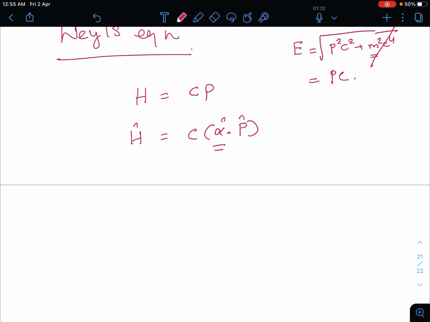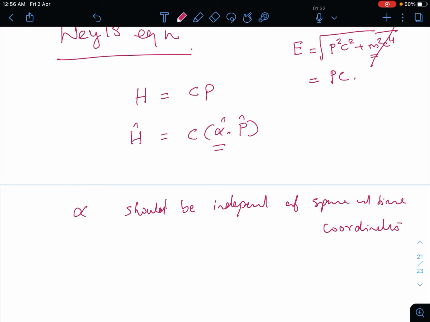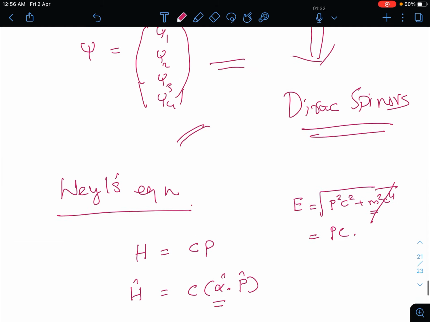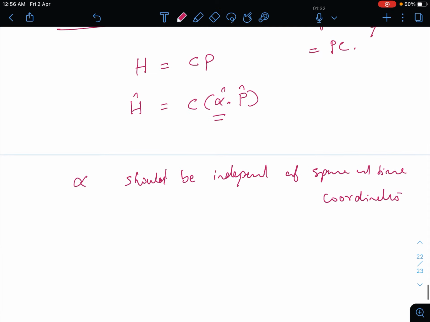The alpha, which is a vector operator which we have derived here, should be independent of the space and time coordinates. Obviously, it should be some matrices of this form anyway. So c into alpha dot p.